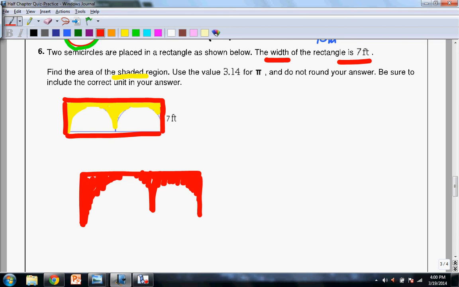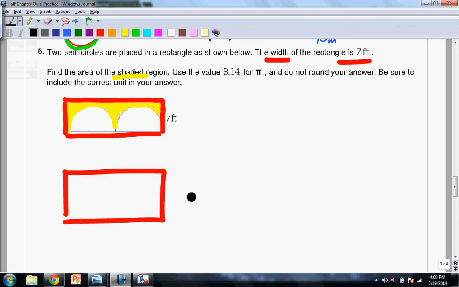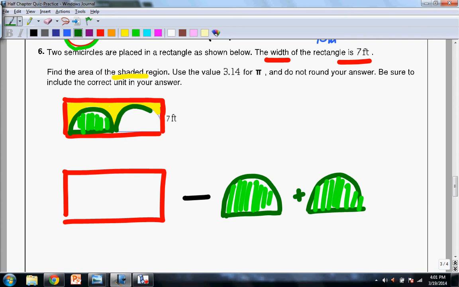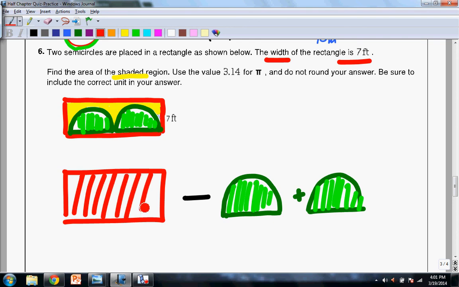So how I get the shaded region is I first find the area of the rectangle, and then I'm going to subtract the area of the two half circles.